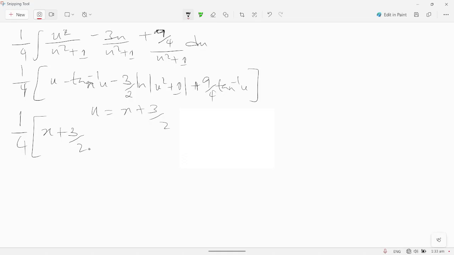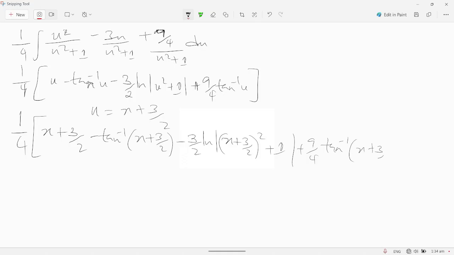So x plus 3 over 2 minus tan inverse of x plus 3 over 2, minus 3 over 2 natural log of x plus 3 over 2 squared plus 1, plus 9 over 4 tan inverse of x plus 3 over 2, in brackets, plus c since we're integrating.